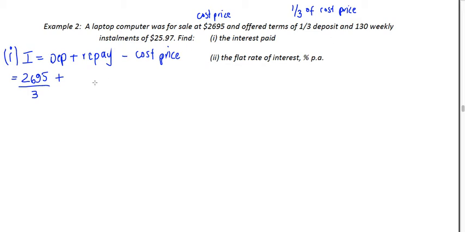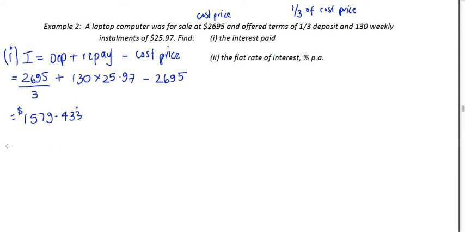Now there's 130 of them because it's 130 weeks. So 130 times $25.97. And we subtract the cost price, which is $2,695. Now what we get is 1579.433, etc. I'll just put a dot there to let you know it's recurring. Okay, so that is our interest paid.